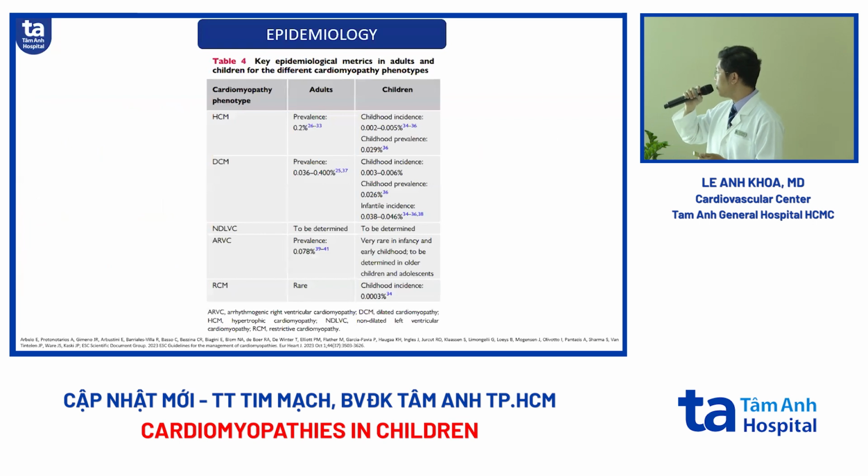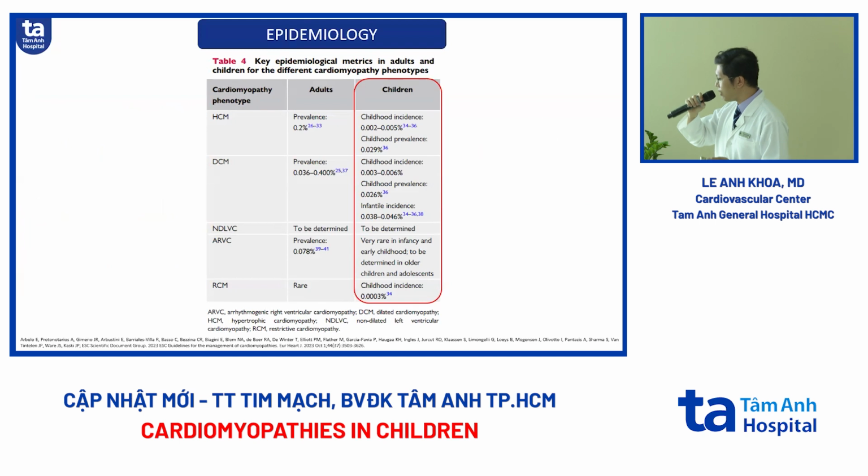We can see this table from the ESC guidelines on cardiomyopathy in 2023. It's clear that the prevalence of cardiomyopathies in children is much rarer than in adult patients. We can see there are 5 phenotypes of cardiomyopathies in children.